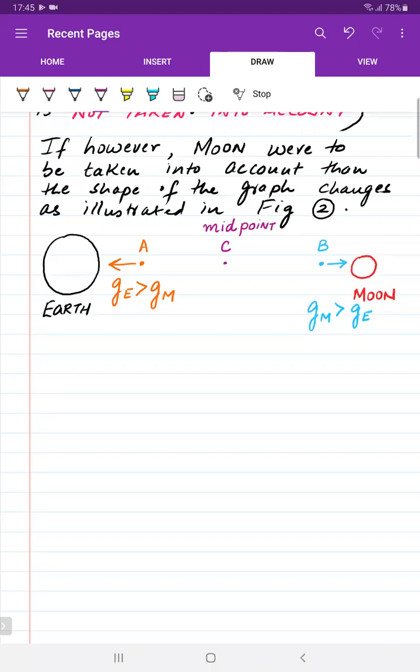I guess you would agree the answer should be that the particle at C will still have a tendency to go towards the Earth simply because Earth is more massive. So Earth's gravitational field is going to be more influential. So for C, which is positioned at the midpoint, you would still expect the particle to follow the trajectory towards the Earth, and the same reason.